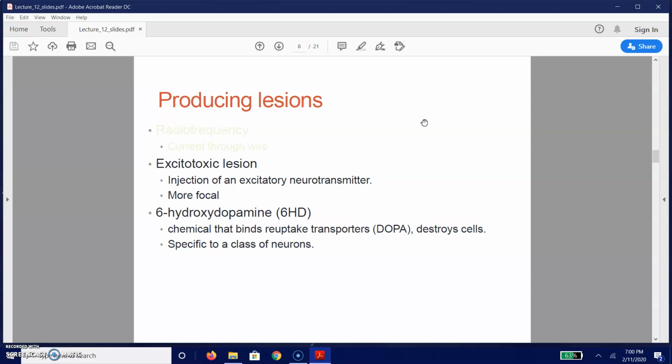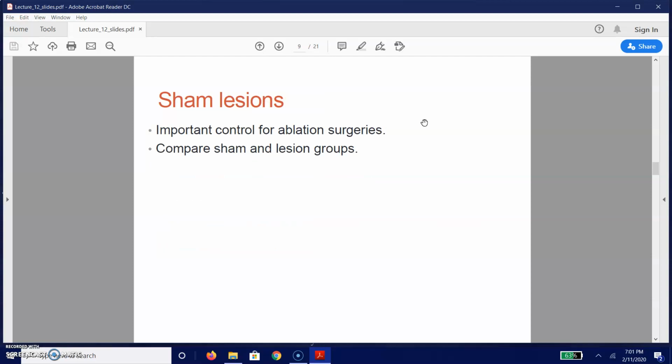The reuptake transporters for dopamine and norepinephrine can't tell the difference between 6-HD and the neurotransmitters, so the reuptake transporters will take that up. Once inside the cells, it produces free radicals, which end up damaging the neurons. Now, this is just one example, but there are other drugs out there that will affect other types of neurons in a pretty similar manner.